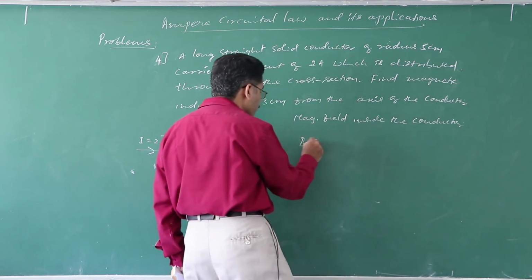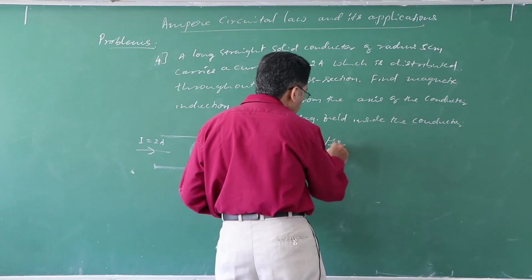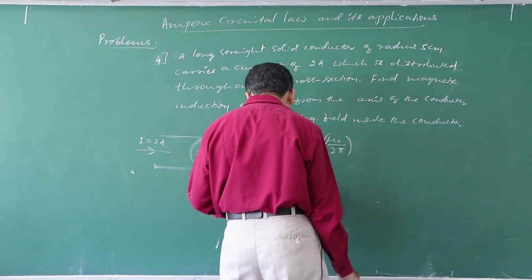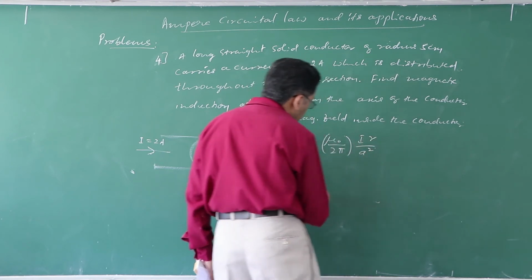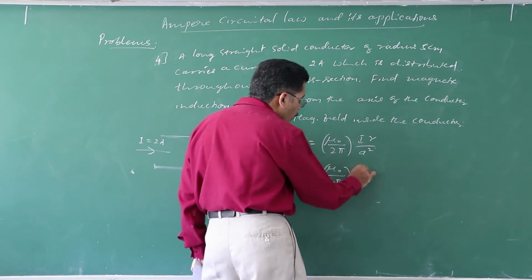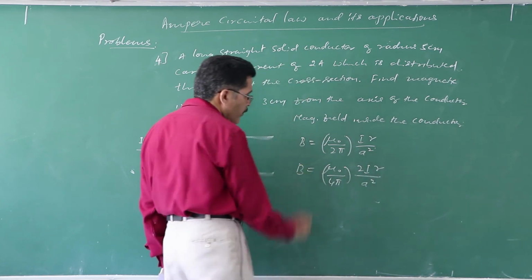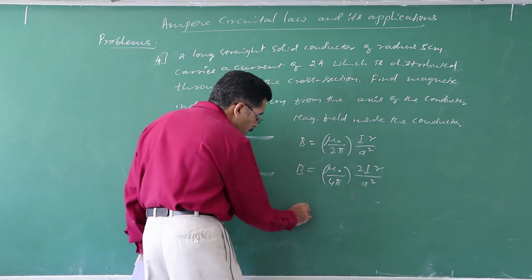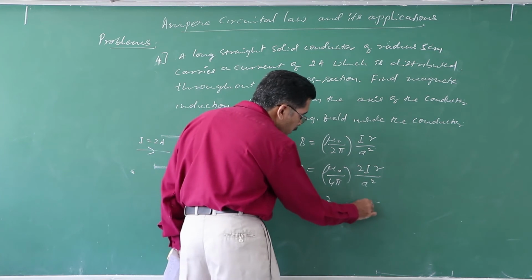B is given by mu naught by 2 pi, I into r by a square, or I can write it like this: mu naught by 4 pi, 2 into I into r by a square. Here mu naught by 4 pi is 10 raised to minus 7. I is 2 ampere.